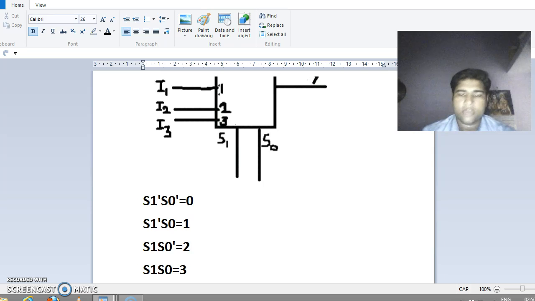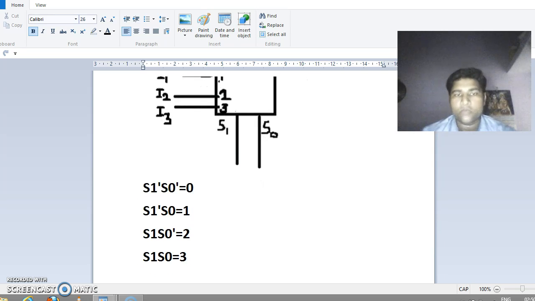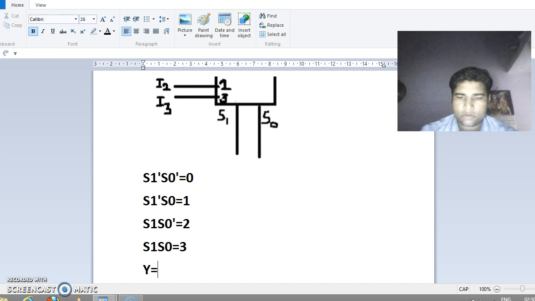We have found these. Now we have to find out Y. So how will we do that? Simply, Y equal to, see, nothing has to be done. We have found out 0, 1, 2, 3.